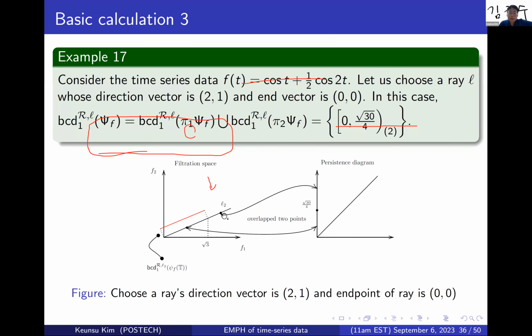And if we choose another ray in multi-parameter filtration, then we get a different barcode. That is important. Selecting a different ray in multi-parameter filtration gives us a variable point of view.